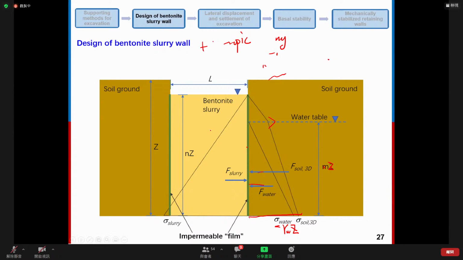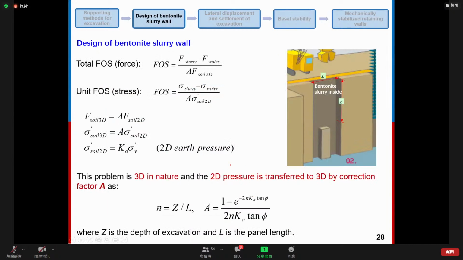Okay, so the philosophy of designing the bentonite slurry is to calculate the factor of safety, which is defined by, okay, here we have two types of factor of safety.